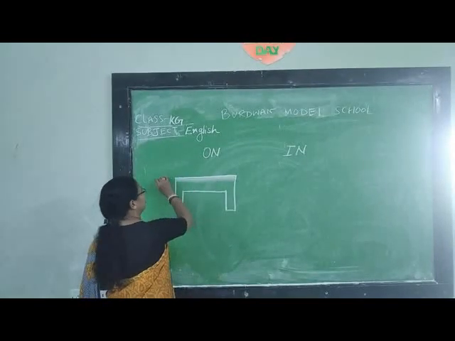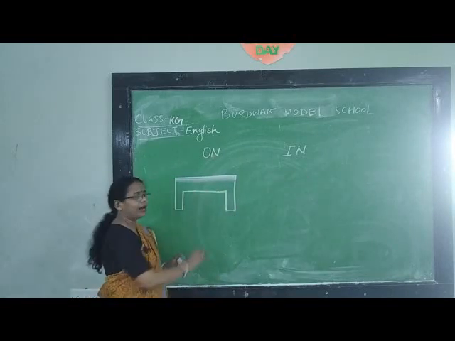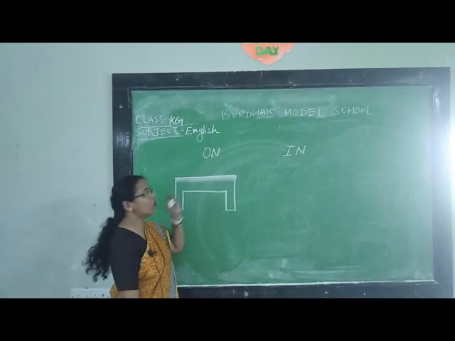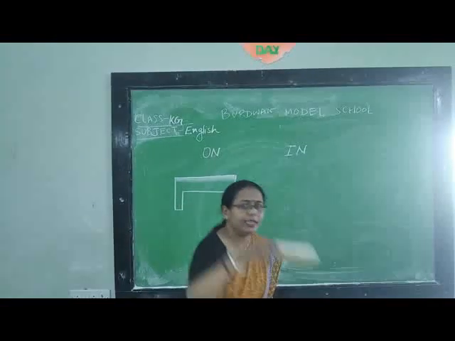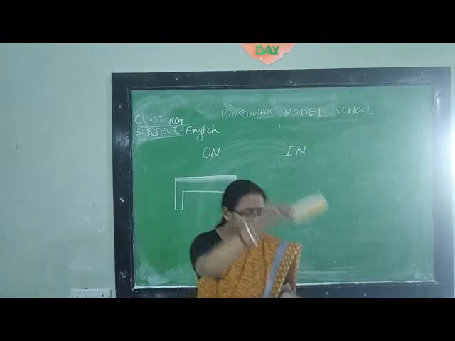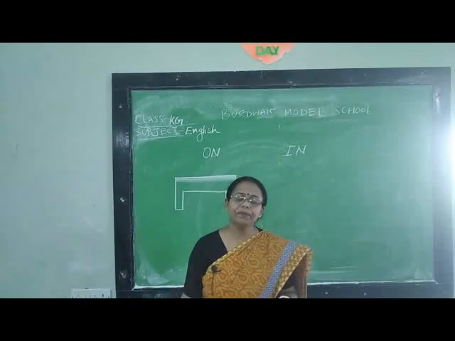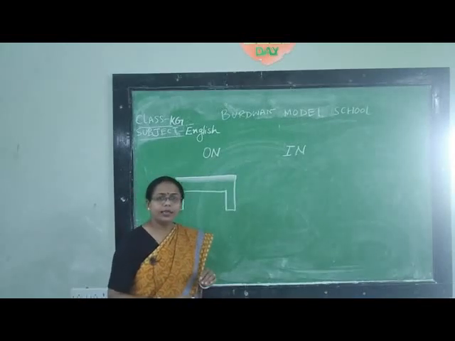Ma'am is writing on the board. This is the surface, and I am writing on the board. Now the duster is kept on the table, on the teacher's table. So where to use on, you understood, right?